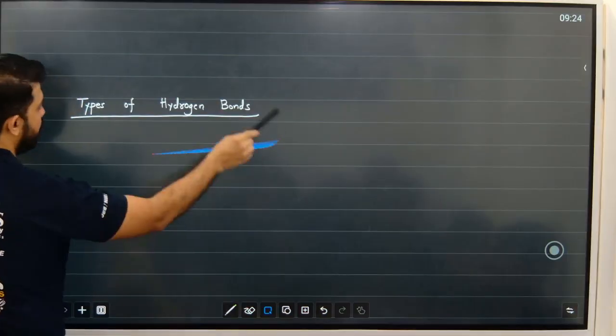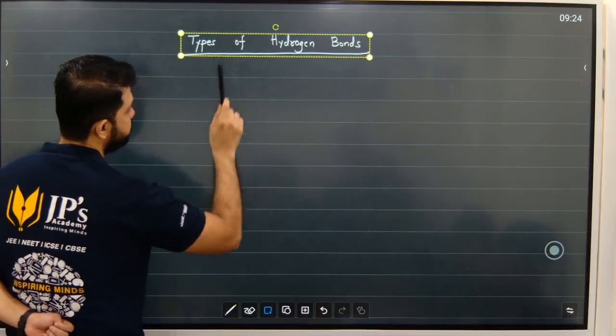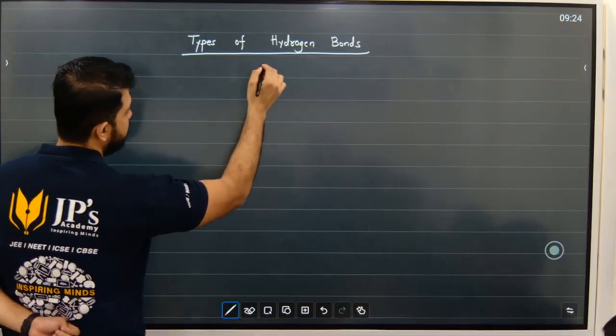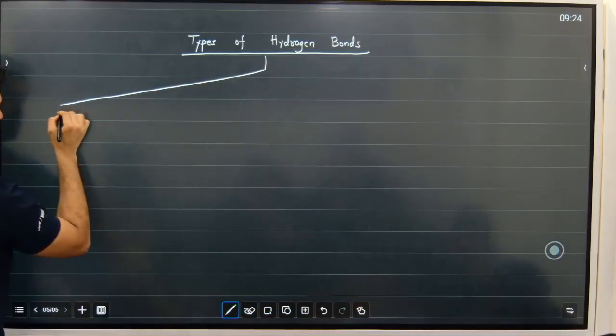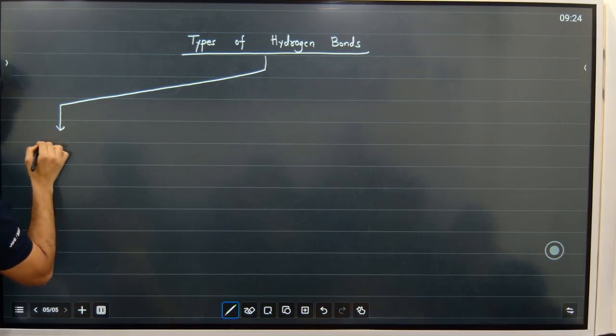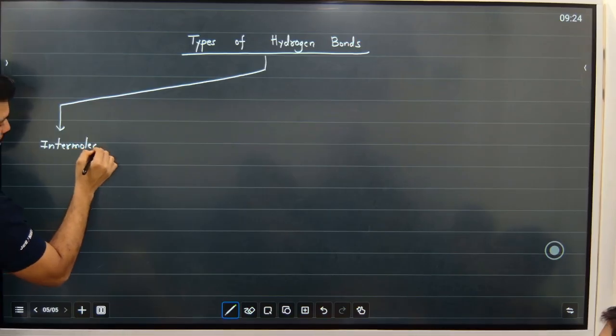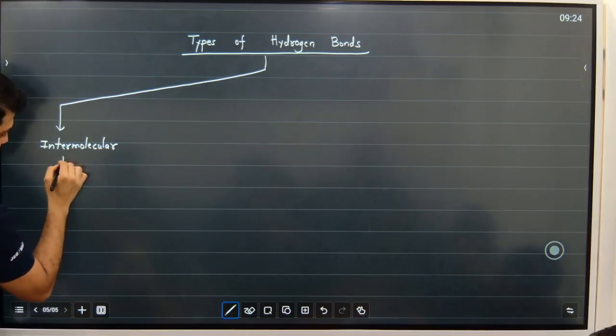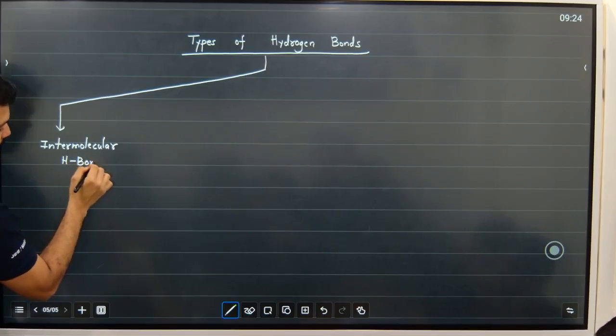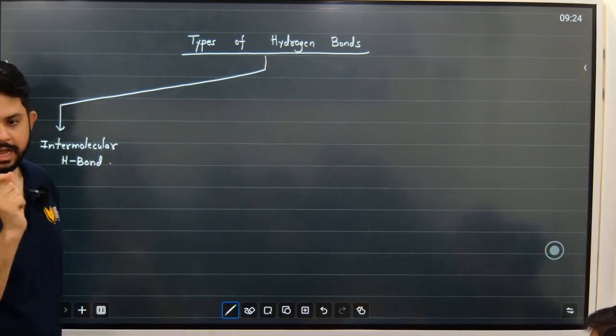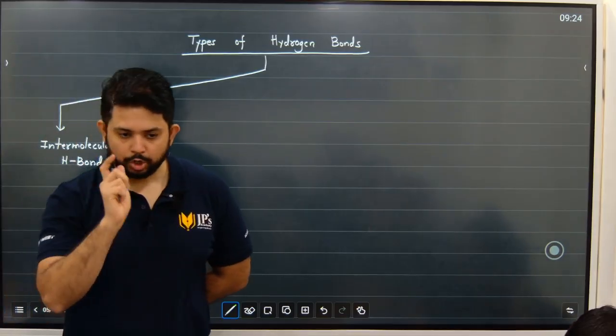Now there's two broad categories of hydrogen bonds. The first category is called intermolecular hydrogen bonds. Intermolecular simply means hydrogen bonds between two molecules.